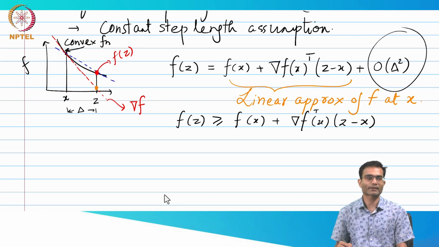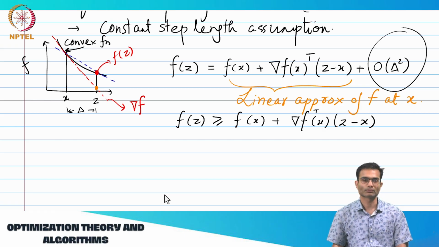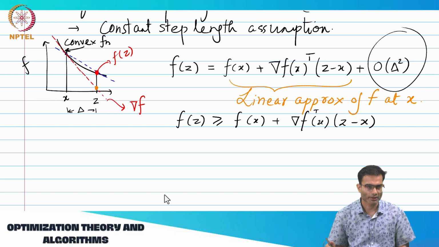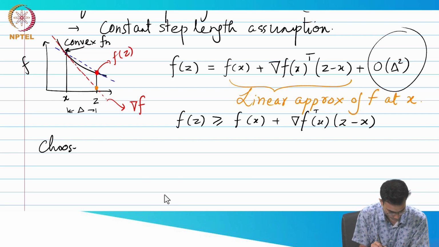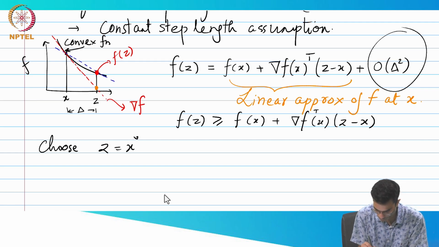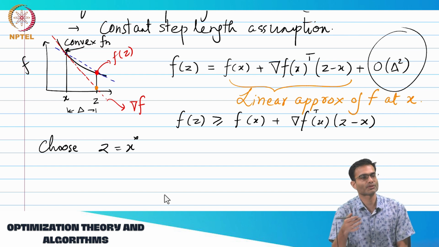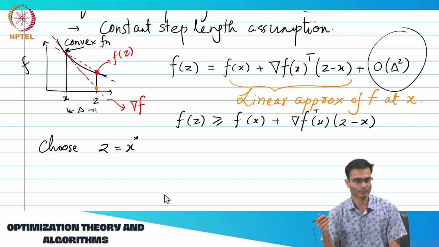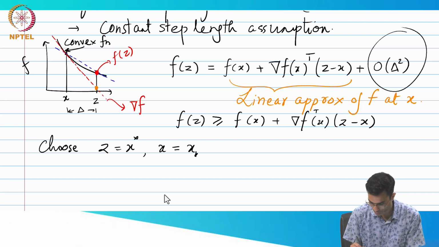So in this inequality, am I free to choose x and z any way I want? Right, it's up to me. So what I'm going to do is assume that this sequence of iterates converges to some point x star, and I'm going to put x equal to x_k.